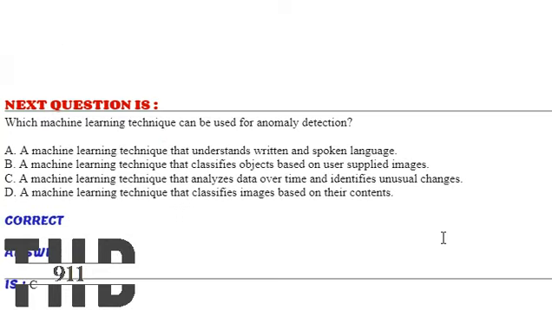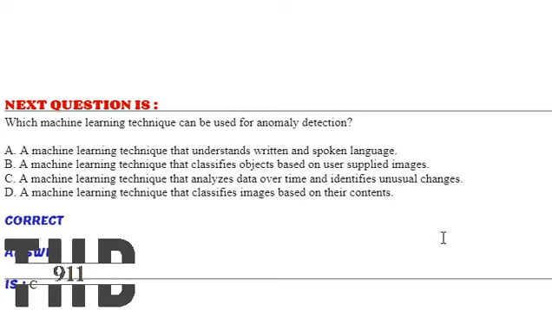And next question. Which machine learning technique can be used for anomaly detection? Option A, a machine learning technique that understands written and spoken languages. Option B, a machine learning technique that classifies objects based on user supplied images.